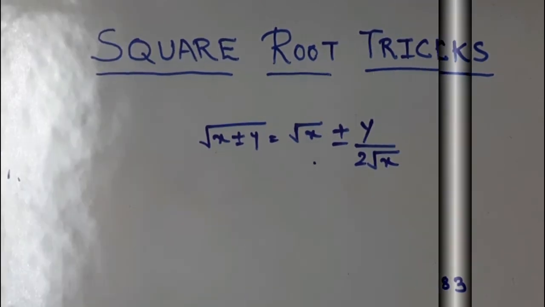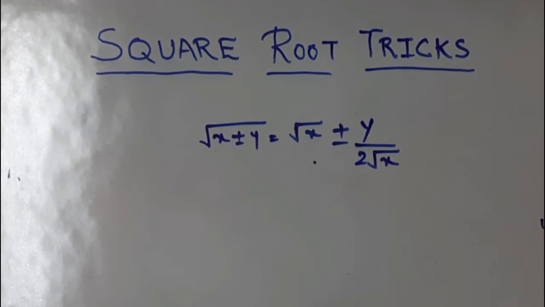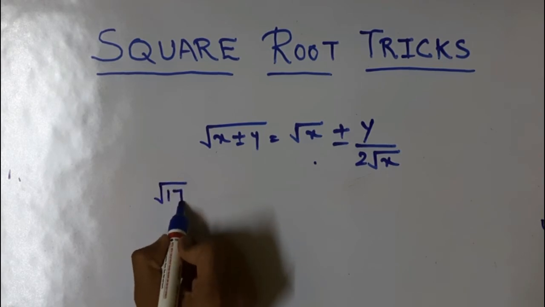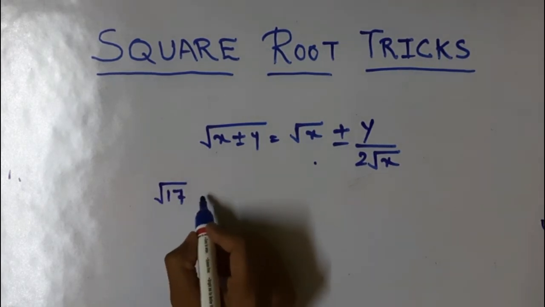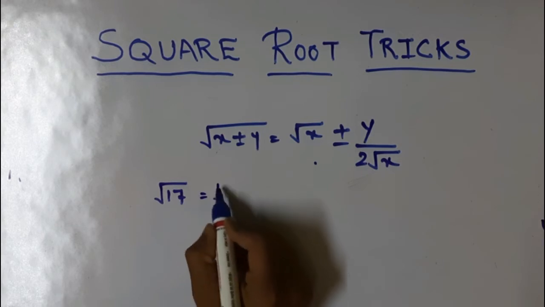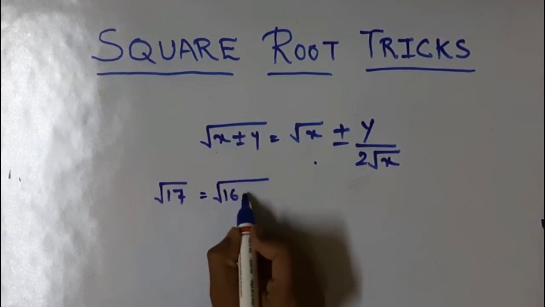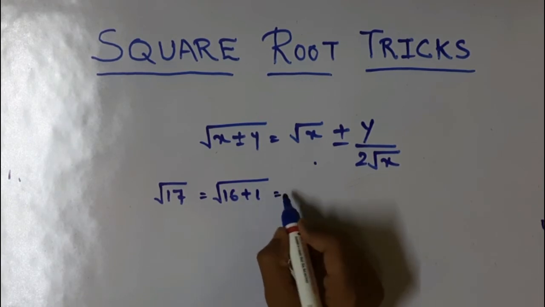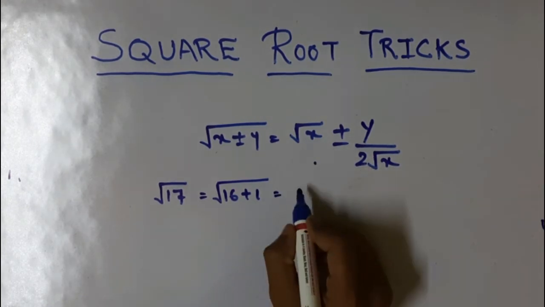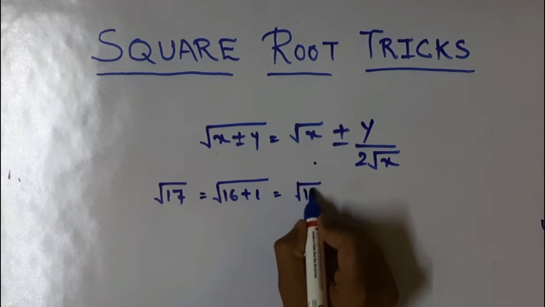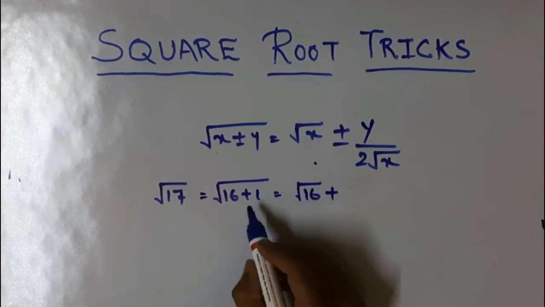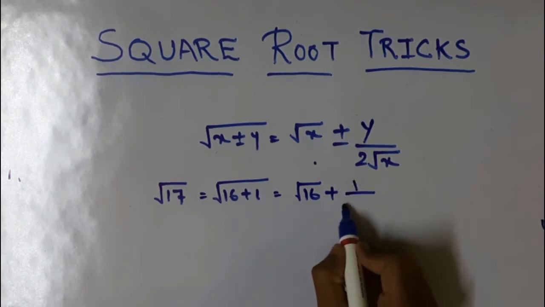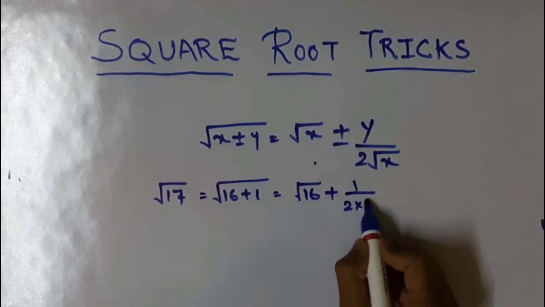I will show you some more examples. The next example is root 17. The nearest perfect square of this is 16, so I am going to break it as 16 plus 1. Now we implement it in this formula. It will be root 16 plus, since it is plus here, 1 by 2 into root 16.